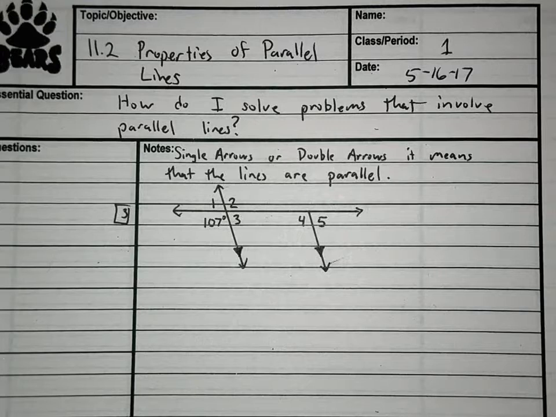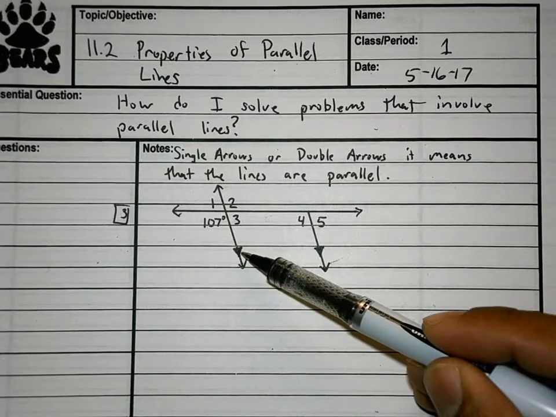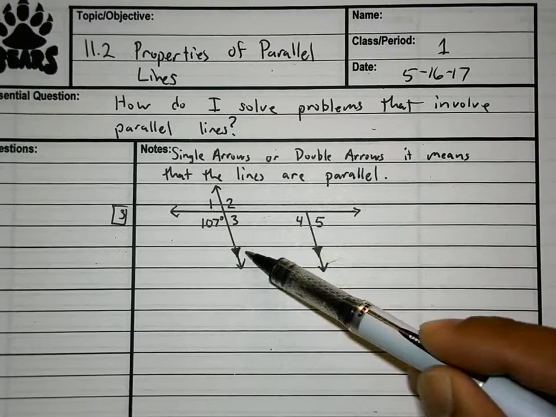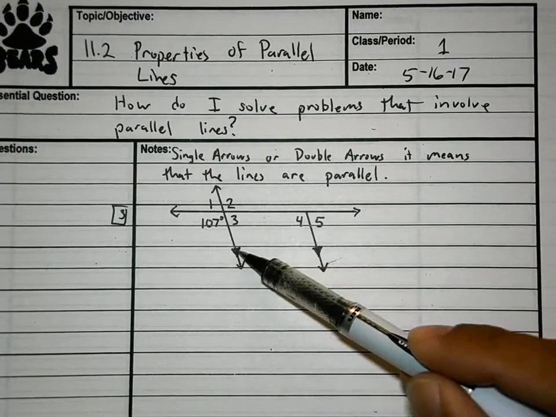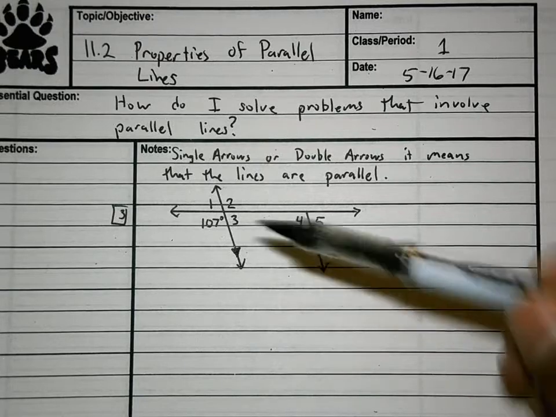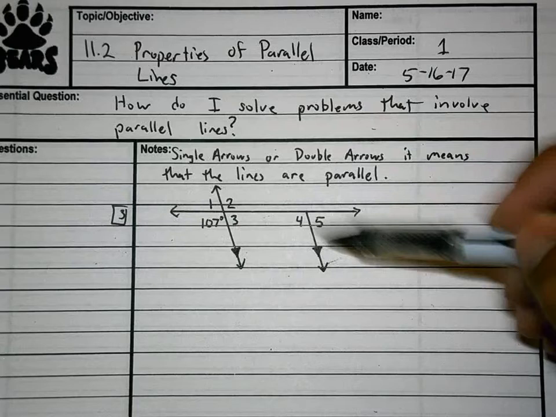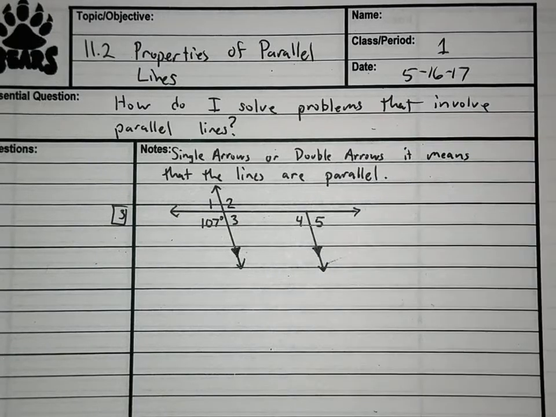Okay, you're correct, but that's not where I'm going for right now. Hang on. One thing I want to make sure that everybody here understands is this. These little extra arrows, these little black ones that are filled in and darker, this is a single arrow and a single arrow. What that is telling you is that this line is parallel to this line.